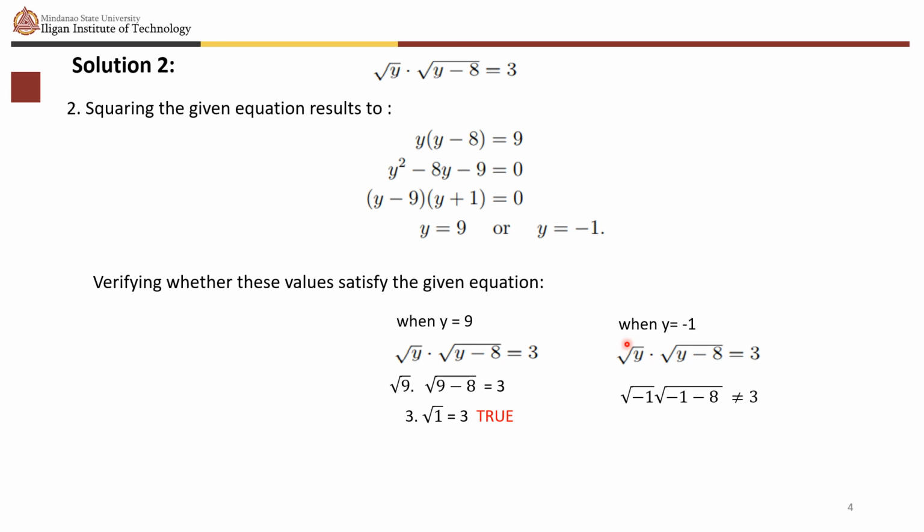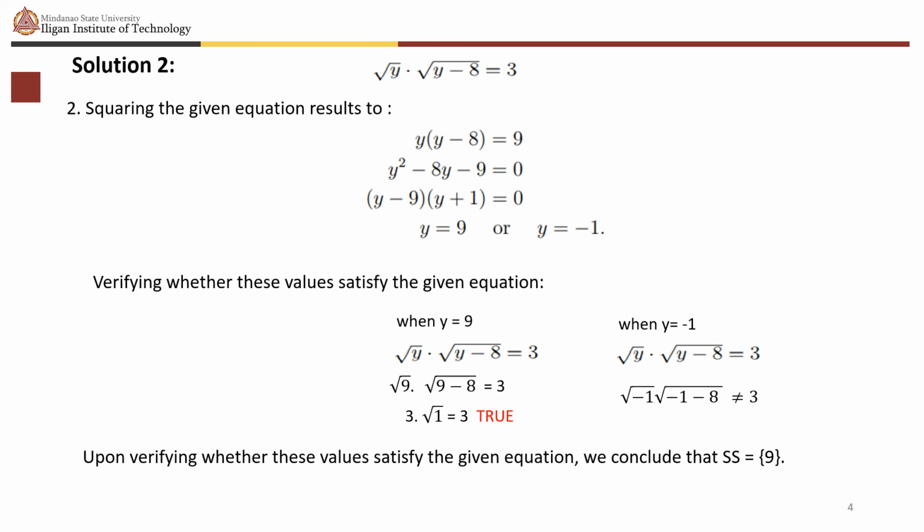So y equals negative 1 is not a solution. Meaning to say the solution set contains only the set containing 9. That is 9, because it satisfies the original equation.